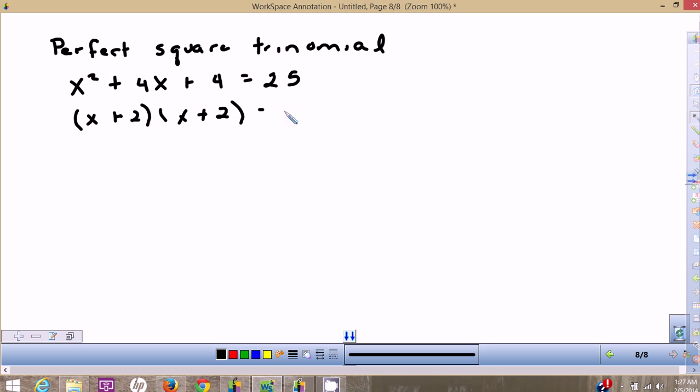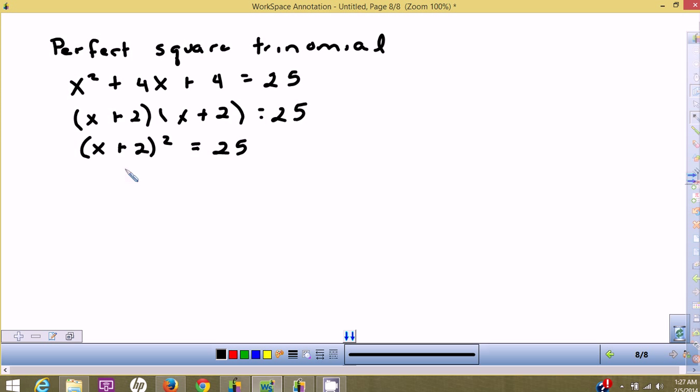Well, if I have (x plus 2) times (x plus 2), it should be pretty obvious that I can write that as (x plus 2) squared is equal to 25. I now have my squared term isolated, which means I can take the square root of both sides of the equation. If you take the square root of a squared quantity, then you are simply left with whatever was squared in the first place.